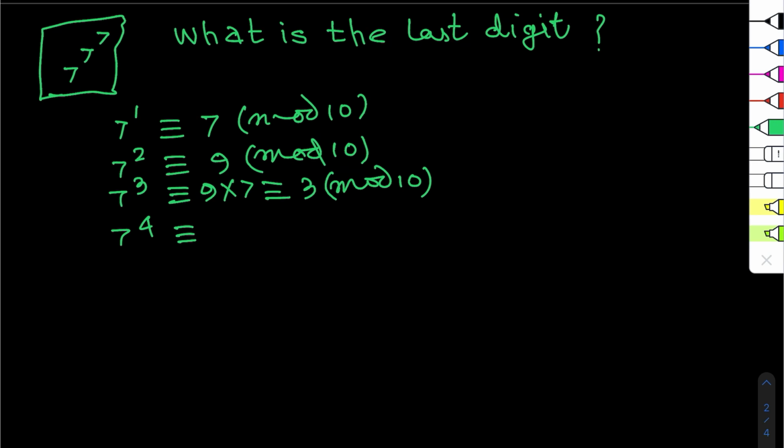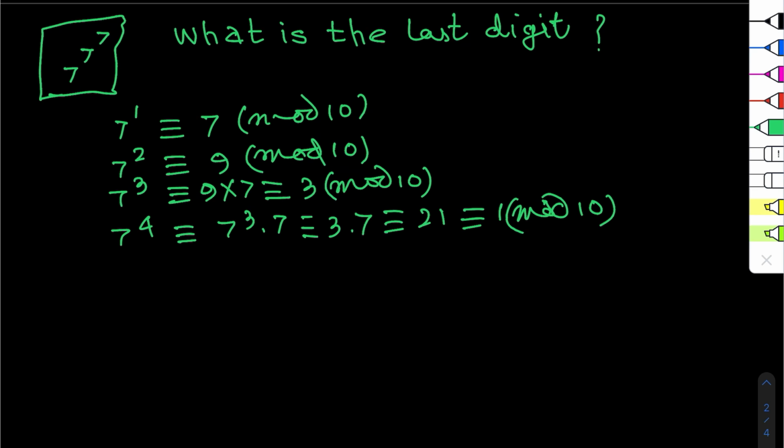And for 7 to the power 4, in this way also we get 7 cubed into 7. For 7 cubed we get 3, and 3 into 7 is 21, that means 1 mod 10. So when we get 1, the remainder cycle is complete.